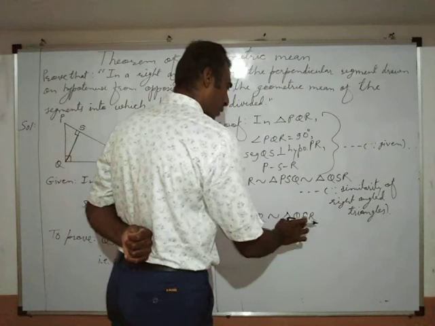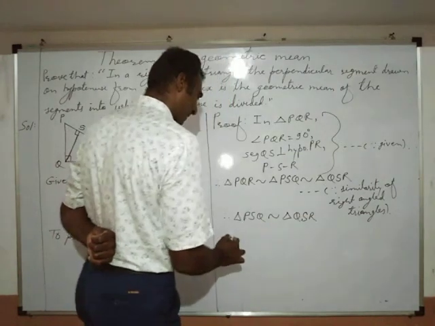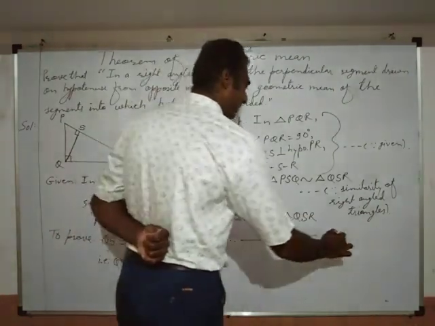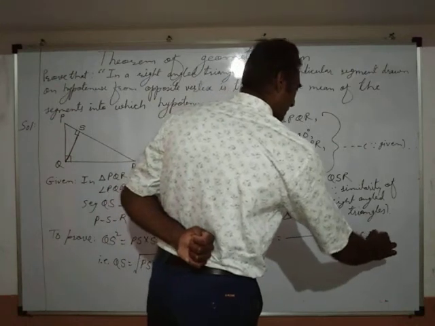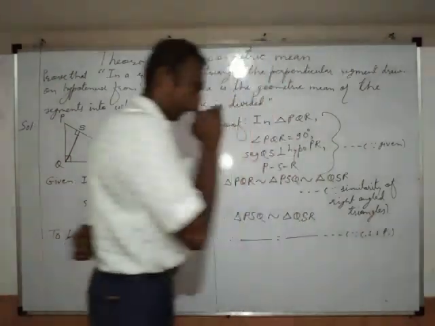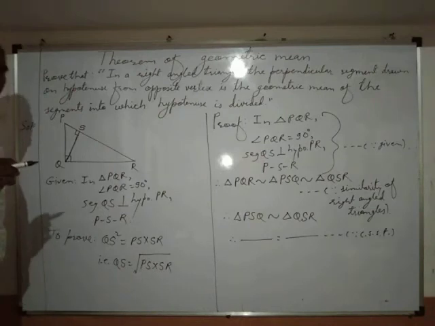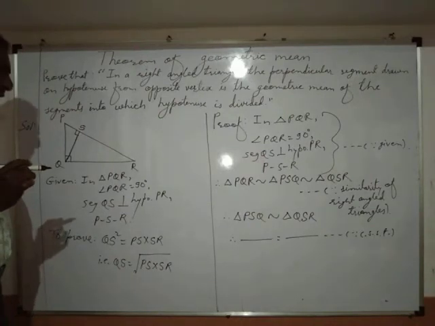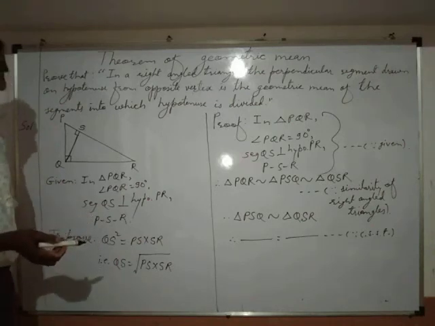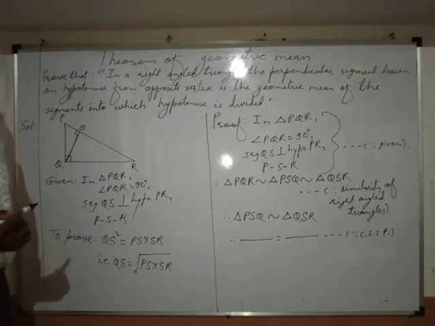And now we consider corresponding sides of similar triangles. Out of three pairs, we consider only two pairs, which will give us QS square equals PS into SR on cross multiplication.